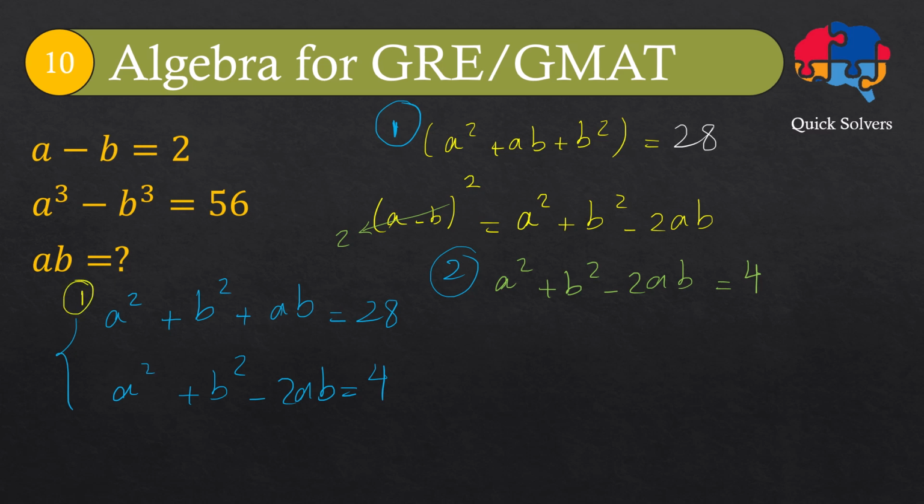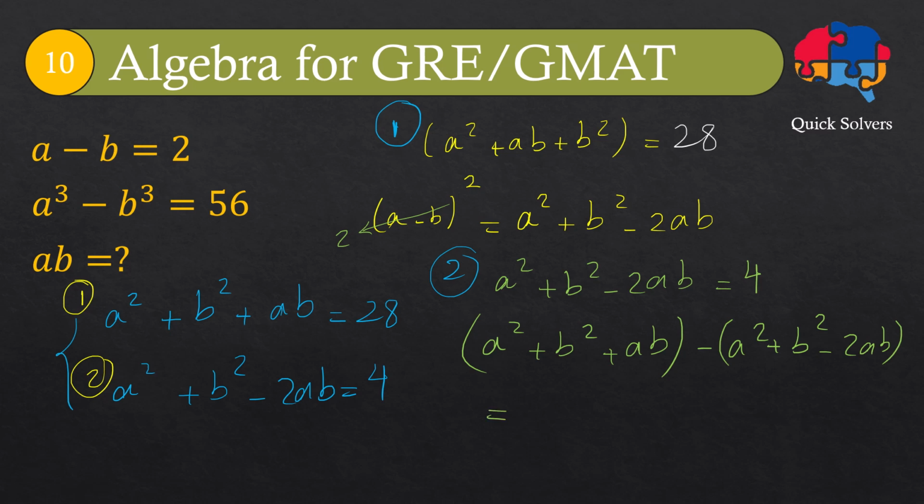So this is 1, this is 2. I just need to find 1 minus 2. If I do so, then we have a squared plus b squared plus a times b, minus a squared plus b squared minus 2 times a times b, and we know this equals 28 minus 4.